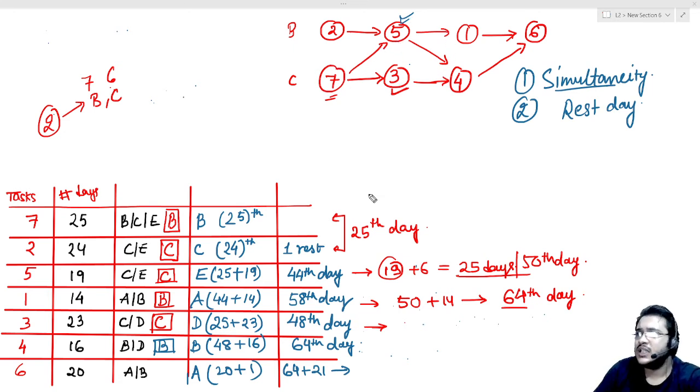Now understand one thing for a fact, that 7 gets completed at the end of the 25th day. 5 gets completed at the end of the 50th day. And why am I so confined to this 50th day and this 5?